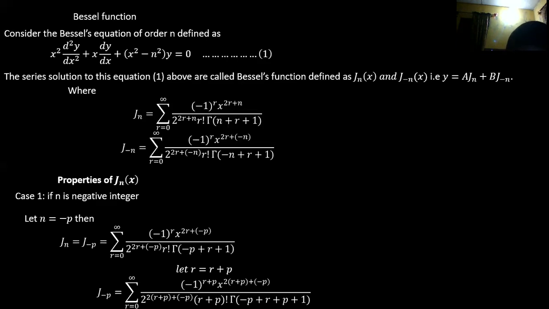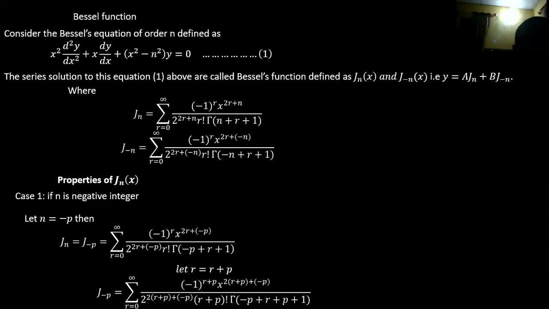If we let r be equal to r plus p, then if we substitute it there, we are going to have minus 1 raised to power r plus p, x raised to power 2 into (r plus p) minus p divided by 2 raised to power 2 into (r plus p) minus p, the (r plus p) factorial, the gamma of minus p plus r plus p plus 1.